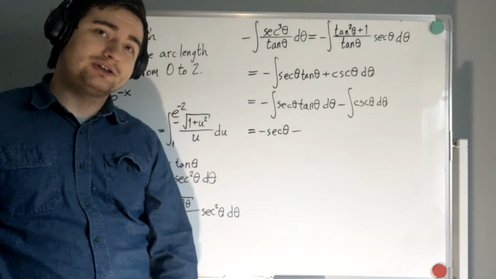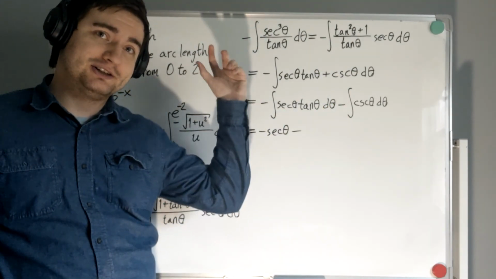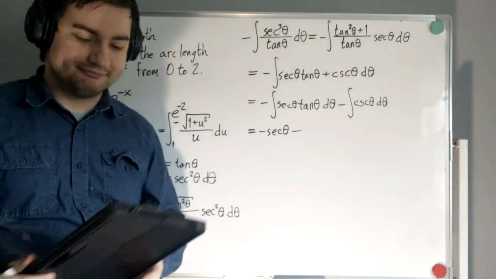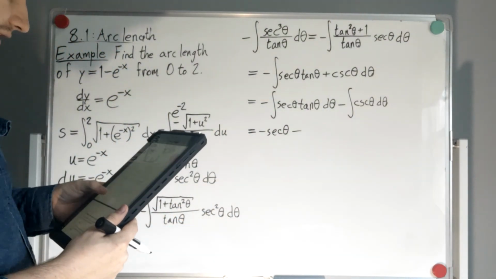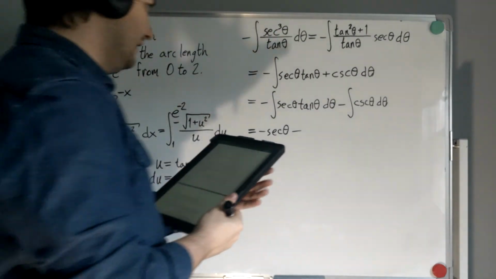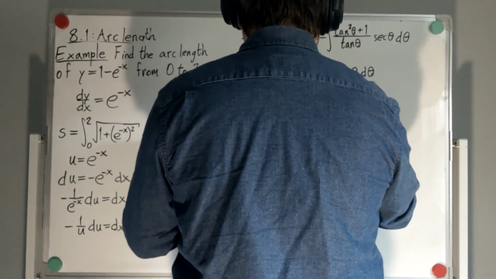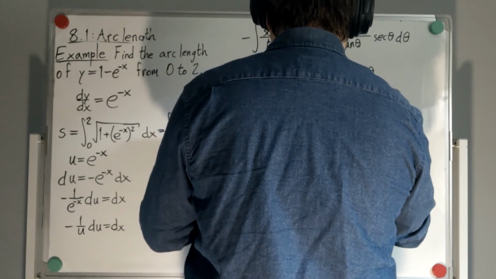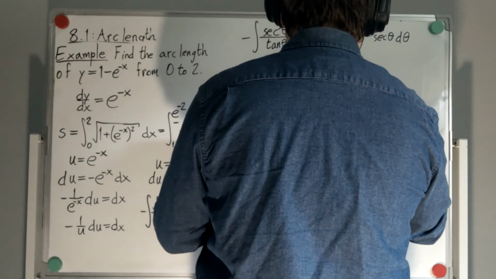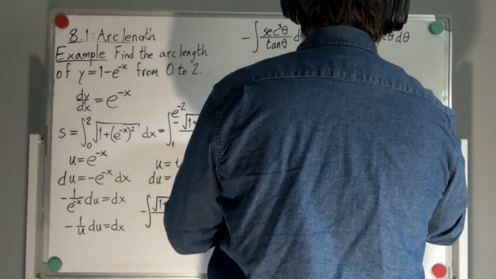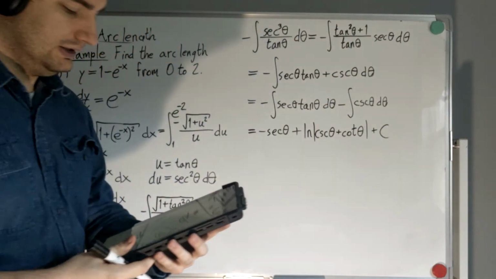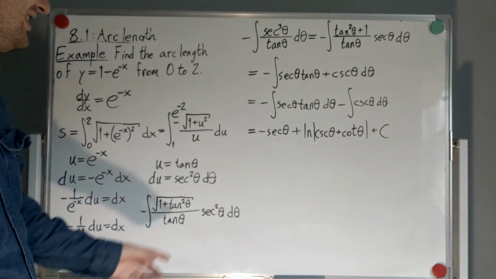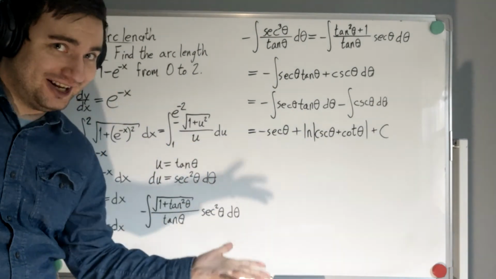For this one, you have to multiply by cosecant theta plus cotangent theta divided by itself, and then do a u substitution on that. In any case, what you end up with is negative log absolute value of cosecant theta plus cotangent theta plus c. And then you have to do that whole right triangle thing because we just did an indefinite integral here.